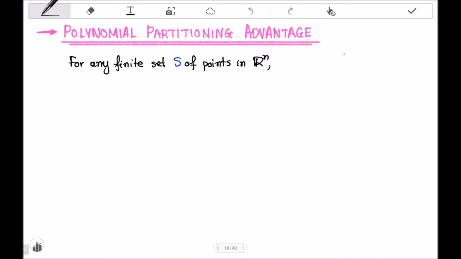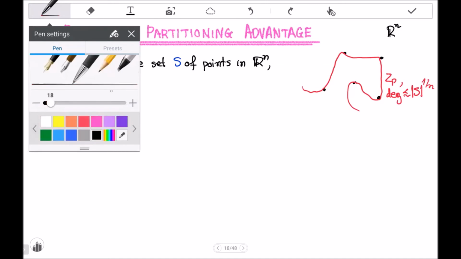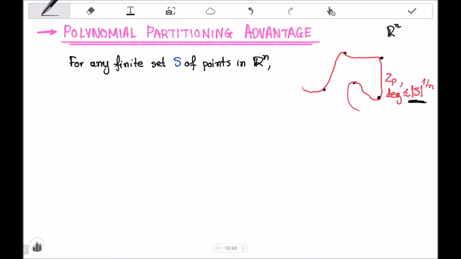If we start with any finite set of points, S in Rn, the parameter counting lemma would say that yes, we can find a low degree polynomial, degree at most, the number of points to the 1 over n, vanishing at all the points. That's what it says. I want a smaller degree under conditions. I want to be able to use the structure of the set of points to get a lower degree than this one, if I'm lucky.